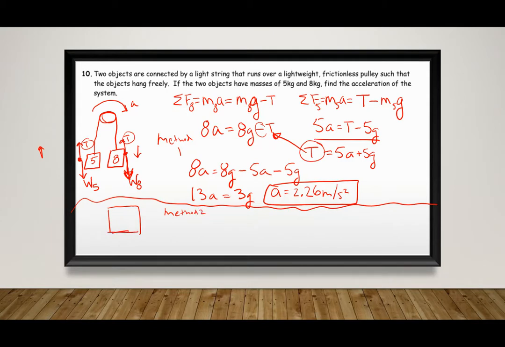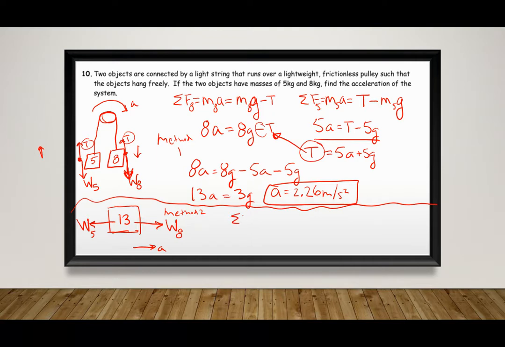Okay, so in our whole system, the mass of the entire system is 13 kilograms. Okay, and going to the right, we have the mass of 8 times gravity. So we have the weight of 8. Going to the left, we have the weight of the 5 kilogram block. Okay, if we were to combine this as if we're looking at the whole system, the system as a whole, and we know that acceleration is going to end up going this direction.